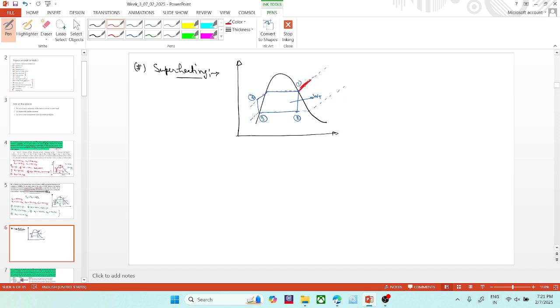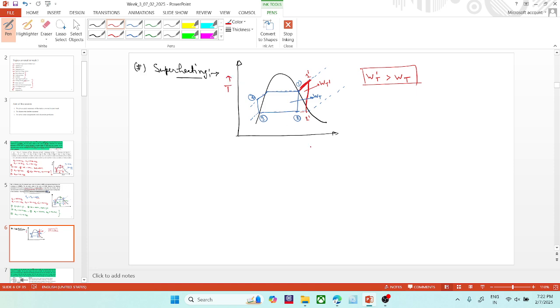So the turbine entry point would be like this, and it will expand like this. So here, this is point 1 dash, this is point 2 dash, this is WT dash. Here we can see that the turbine work is increased, and it also helps to increase the steam quality here. So it also avoids erosion in the turbine blades.